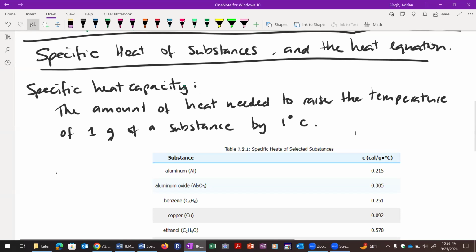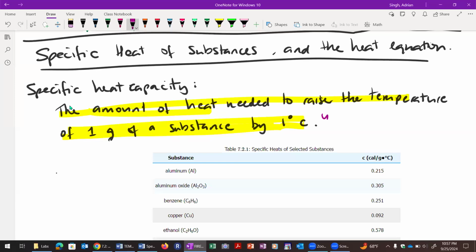substance. And we define that as the amount of heat needed to raise the temperature of 1 gram of a substance by 1 degree Celsius, right? So it's a measure of the amount of heat needed to increase the temperature of a certain amount of a substance by a certain temperature, 1 gram by 1 degree Celsius.